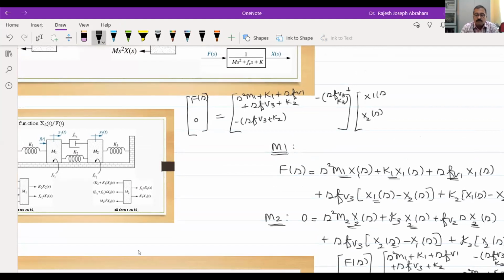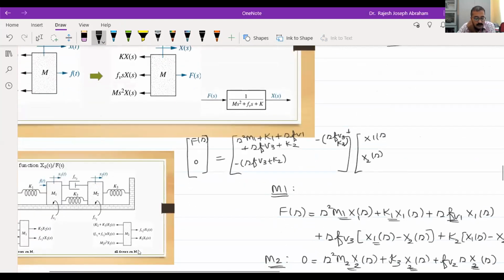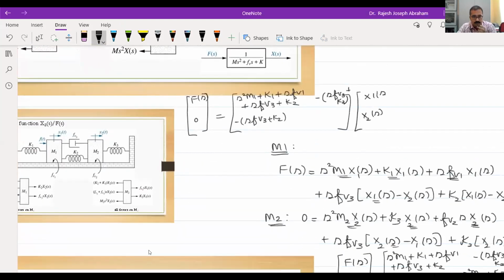Now, what will be the 2,2 position? All the elements connected to m2, including m2. So you will get s square m2, plus k3, plus s fv2, plus s fv3, plus k2.